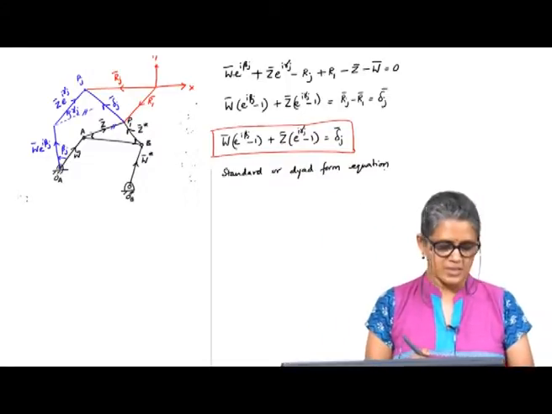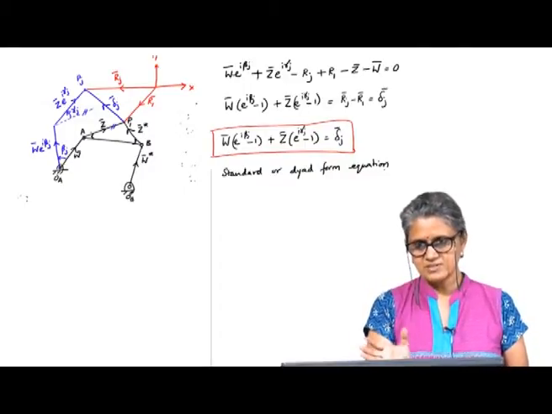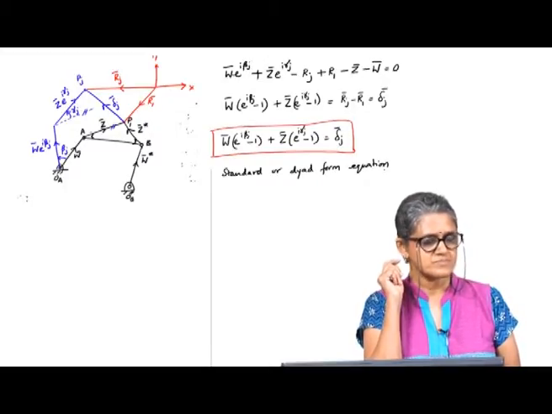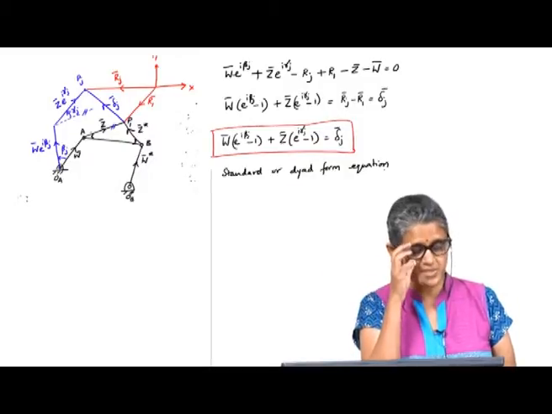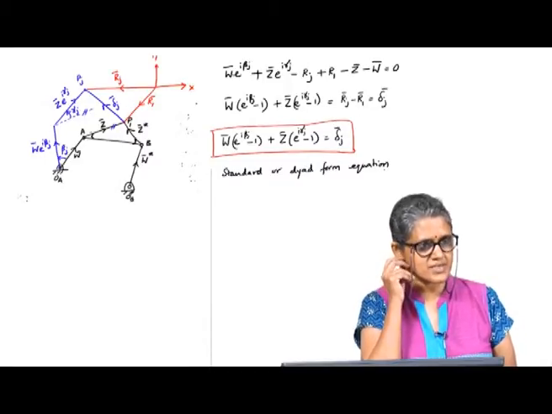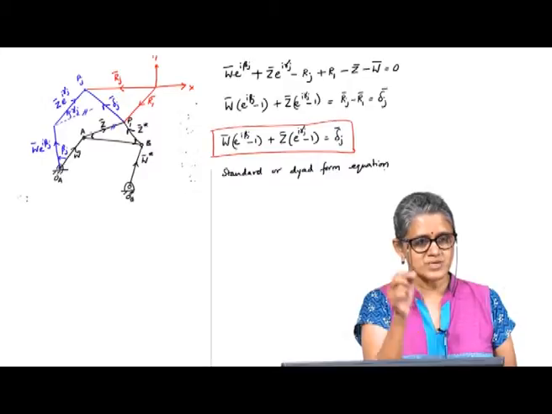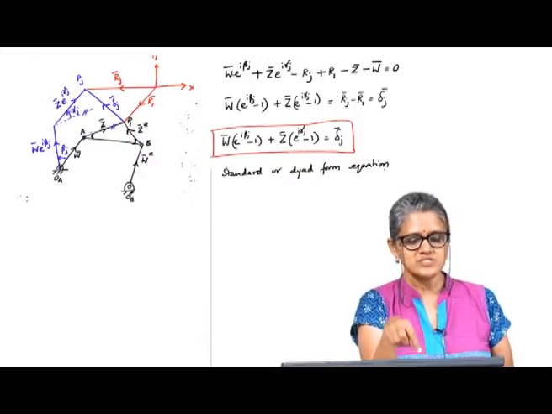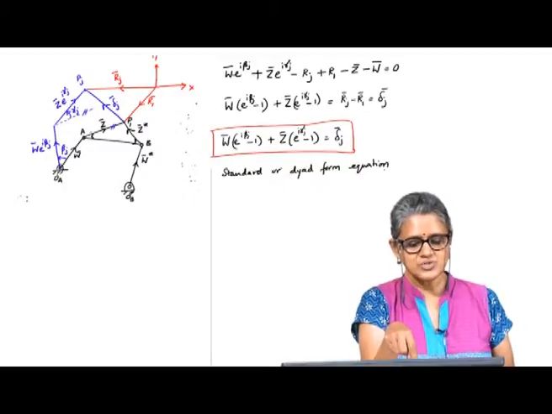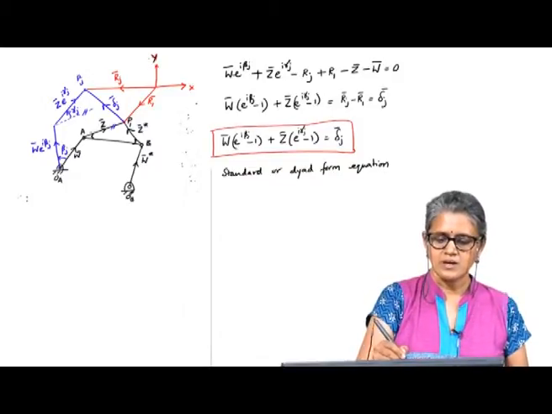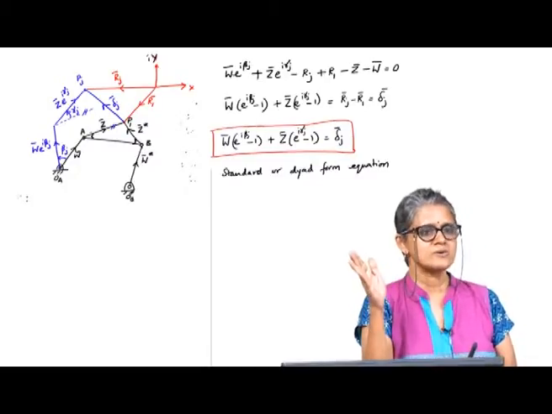Okay. The next class we will see how we can use this to construct and synthesize 4 bars, for different types of functions, different types of tasks: motion, path, function generation, etc. If I say that the linkage has to hit those points, then I am giving you the positions of those points in my coordinate system.